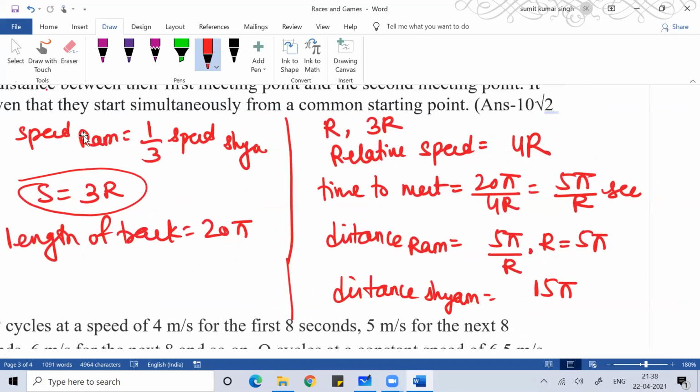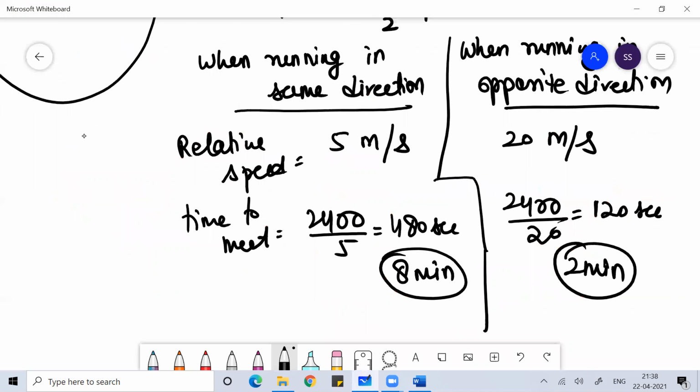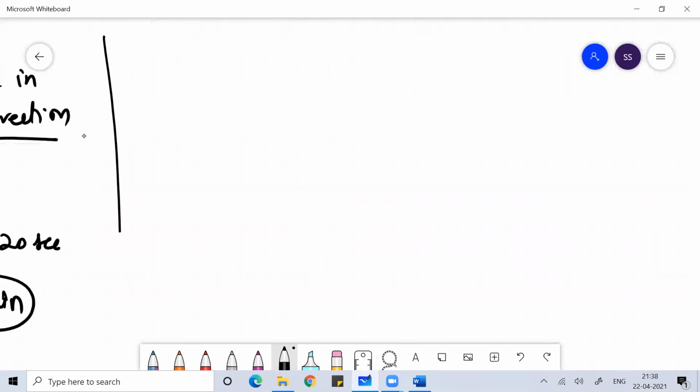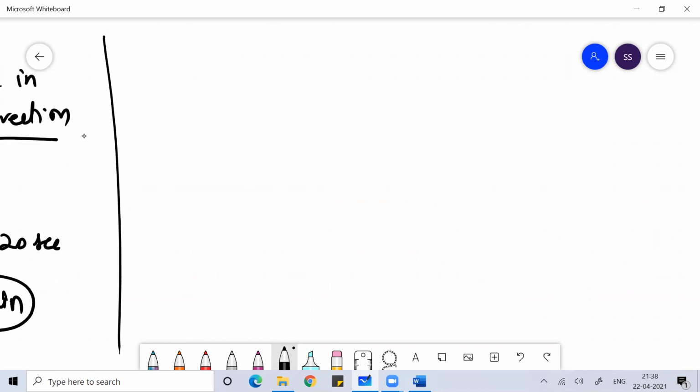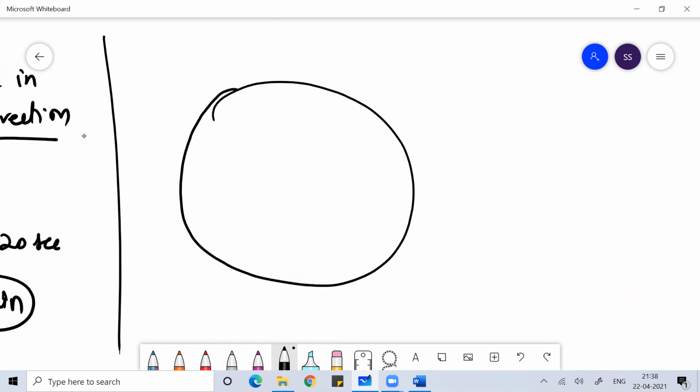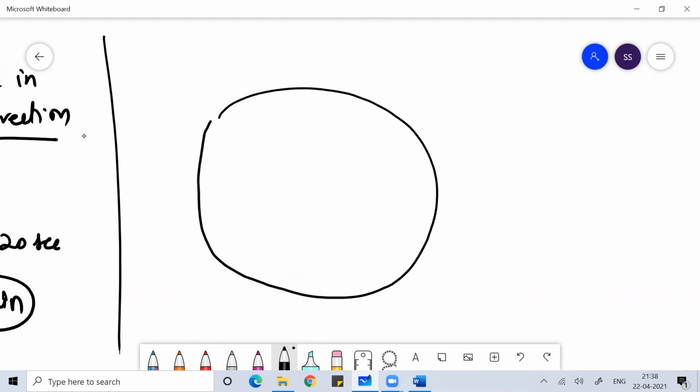Then only they're going to meet, as they're running in opposite direction. If you remember, the length of the total ground is 20 pi.